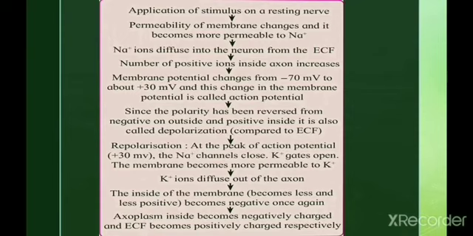Now, inside the membrane, it becomes less and less positive and becomes negative once again. So here again you will find the positive charge will run outside and negative will become inside. Now here in the axoplasm, that is inside, it will become negatively charged and the extracellular fluid becomes positively charged. That means the condition has been reversed again. This is called repolarization.